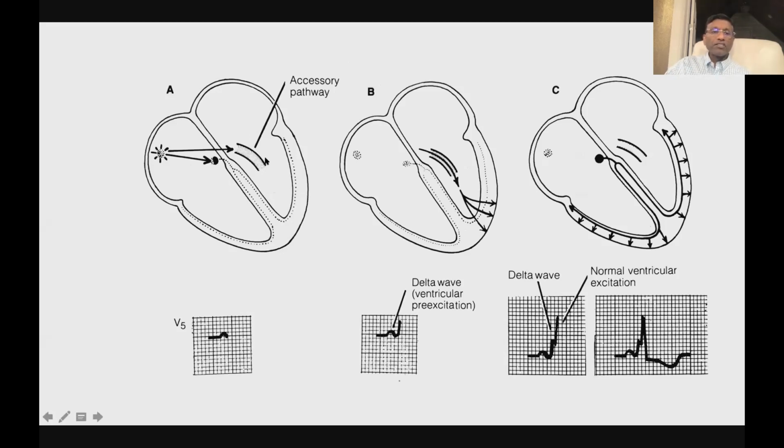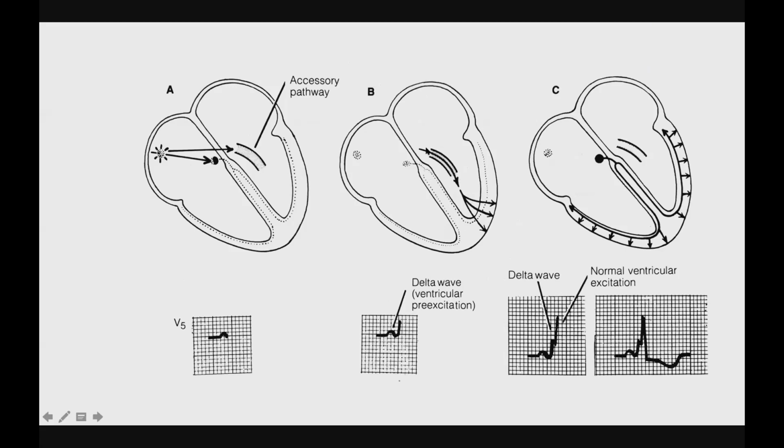When these two wave fronts collide, you get a fusion beat. By collide, all I mean is that the ventricle is activated both by the accessory pathway and its pre-excitation, as well as through the normal conduction system. So each beat is a fusion between normal and abnormal conduction.